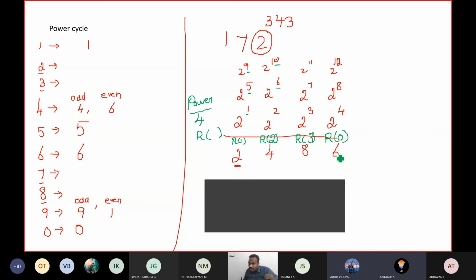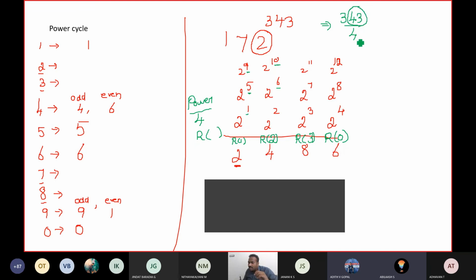So this entire concept lies based on the power value divided by 4 remainder. So what is the power value for this particular question? 343. So all you need to do is 343 by 4. And we know the divisibility rule of 4, so you just have to worry about the last 2 digits. 43 by 4.